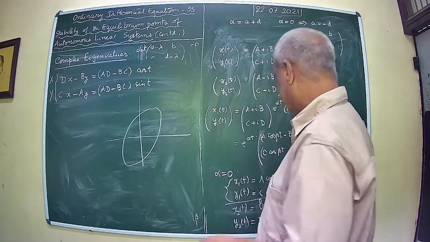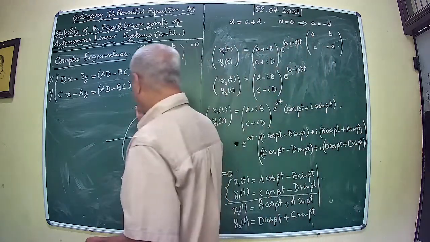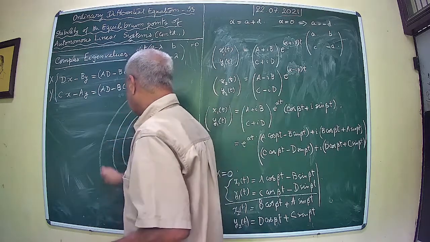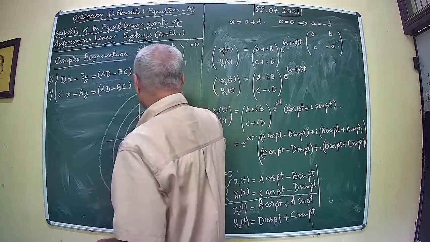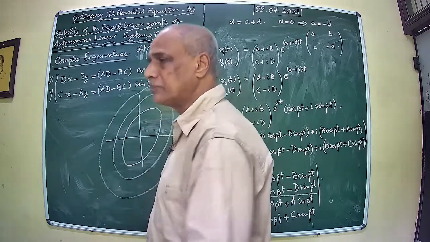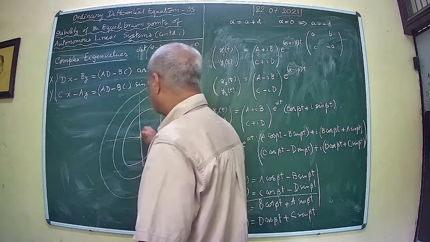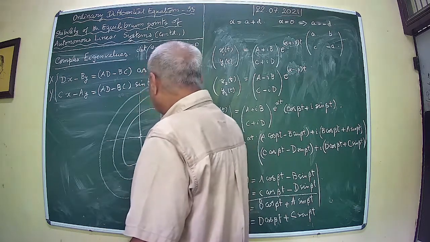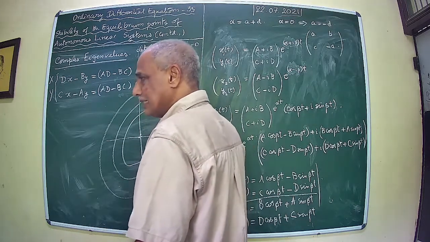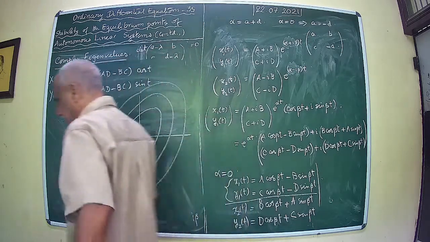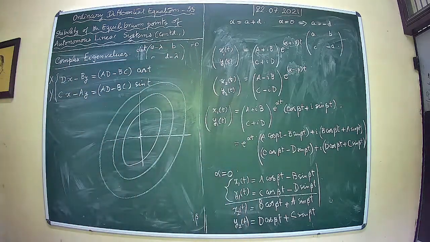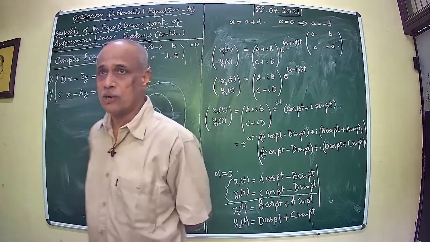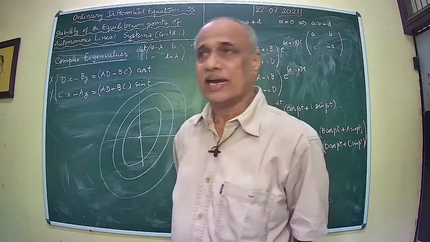Similarly, you take the general thing, and all these solutions become concentric ellipses, because you know that no two of these characteristics can intersect. So they are all periodic functions, periodic characteristics.